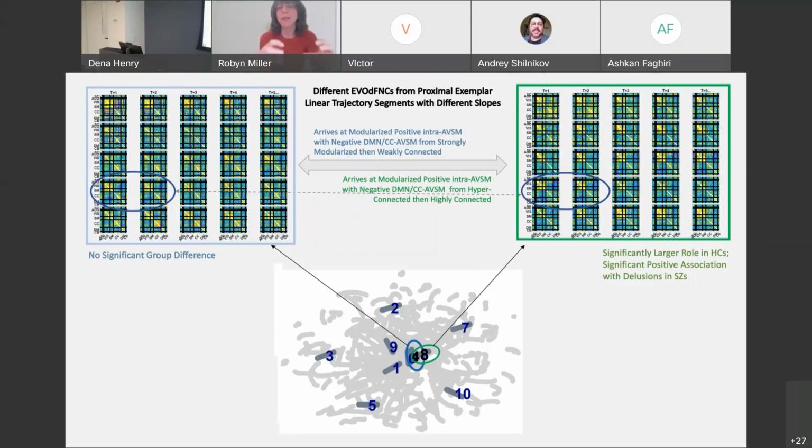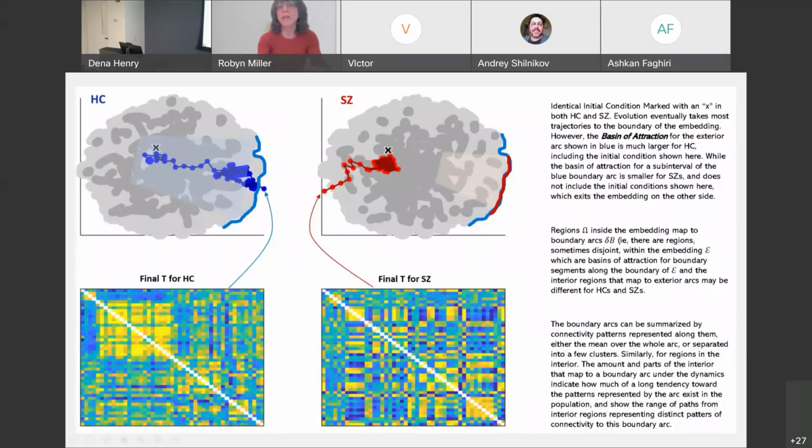And within the schizophrenia population, it also has a significant positive association with delusions. So it has symptom relationships within schizophrenia and also a group difference in its contribution. And these are basically things that live in the same part of the embedding, but are pointing in different directions.